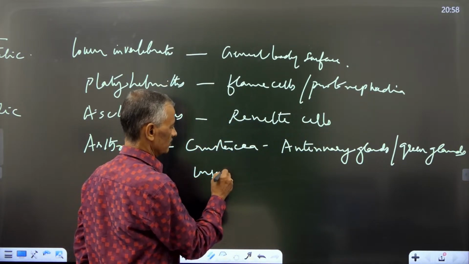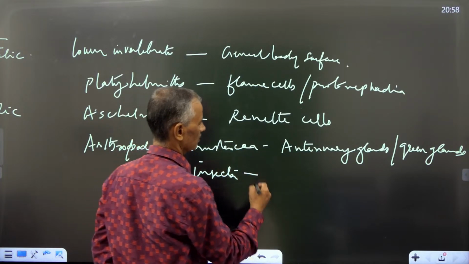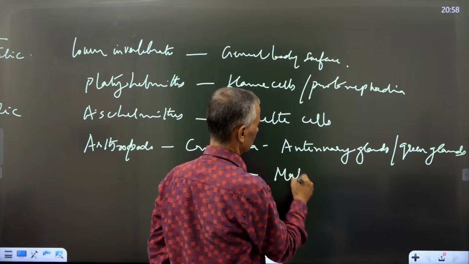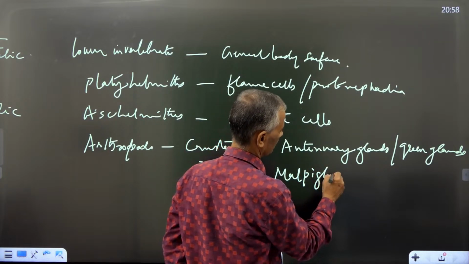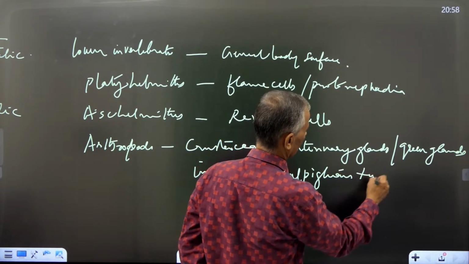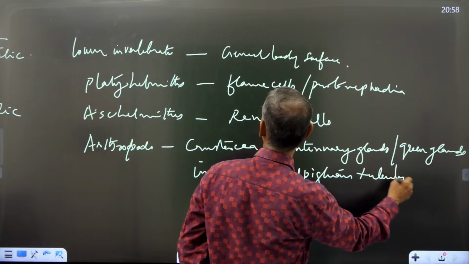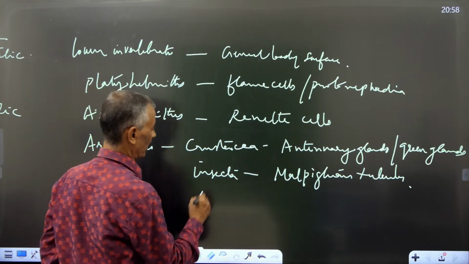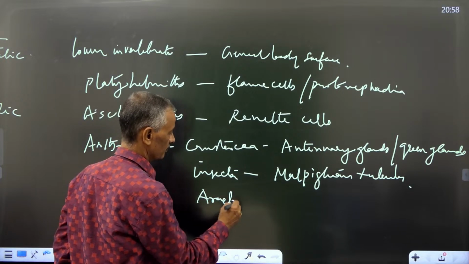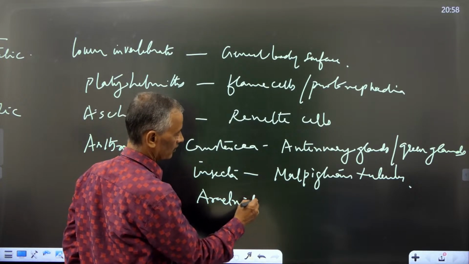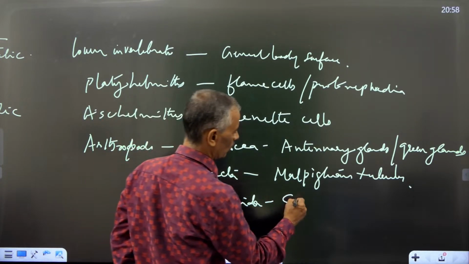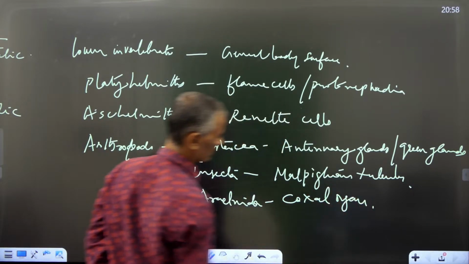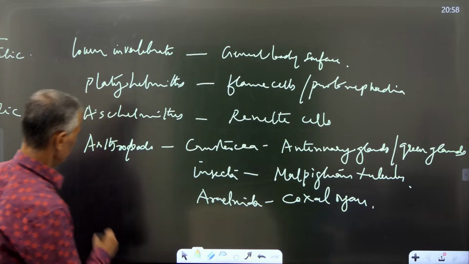Insects have Malpighian tubules. Spiders, that is Arachnida, have coxal organs for excretion.